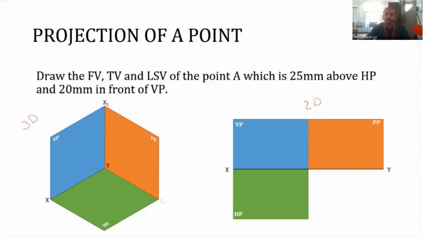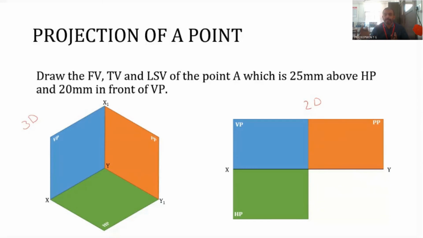And the line that separates the vertical plane from the profile plane is this line. This line is X1 Y1, and it extends to this point, this portion marked as Y1. It is part of 2 different lines, 2 different perpendicular lines in 2-dimensional representation.